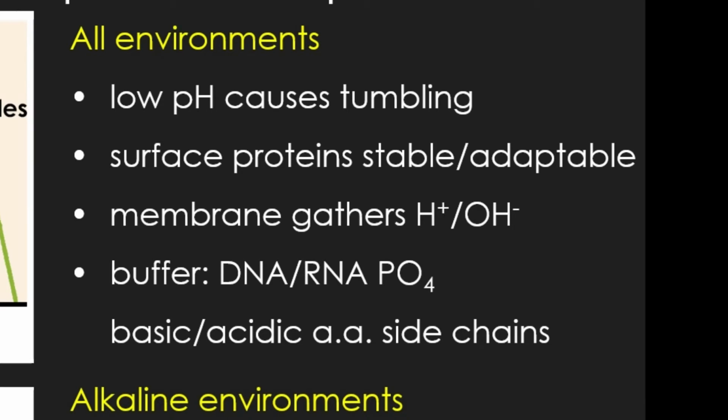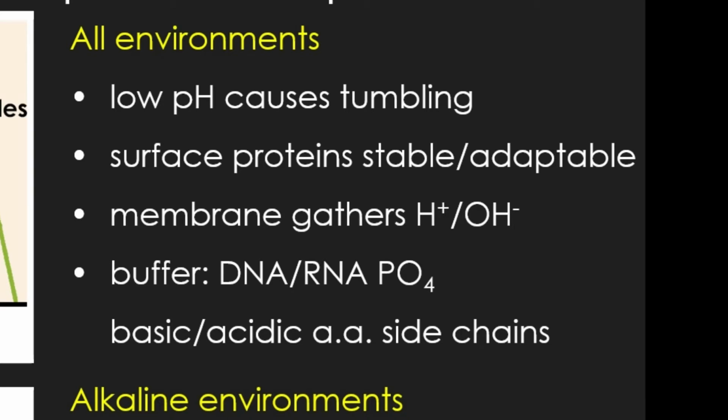In addition, the proteins that are found on the membrane or surface of the cells will create these really interesting microenvironments where they actually gather protons in order to neutralize an alkaline environment, or they grab hydroxyl ions from the environment in order to neutralize an acidic environment.